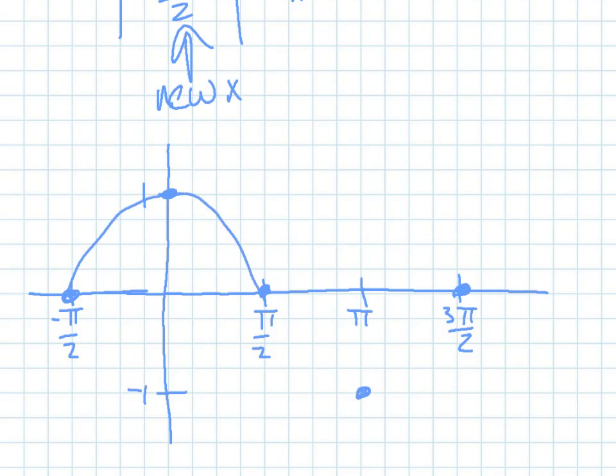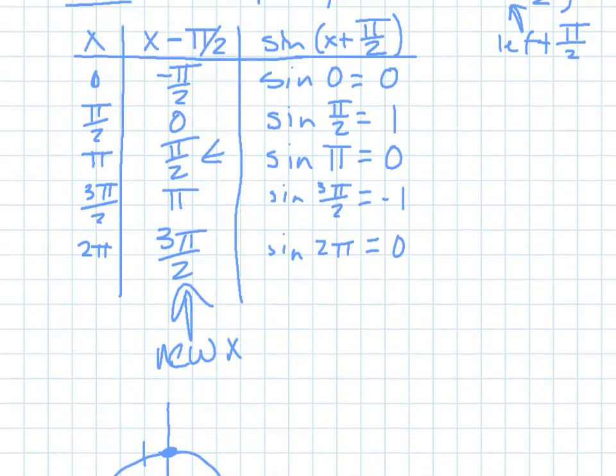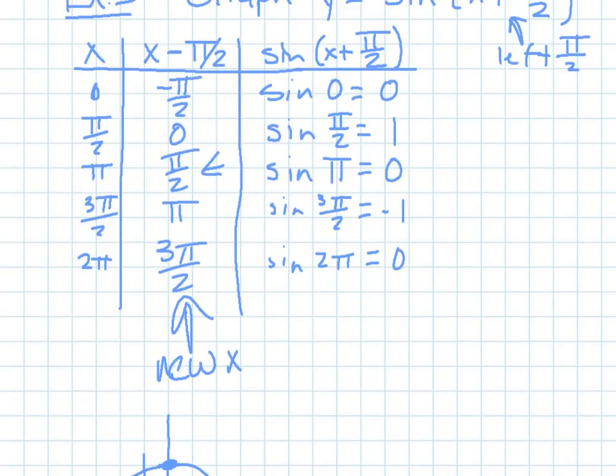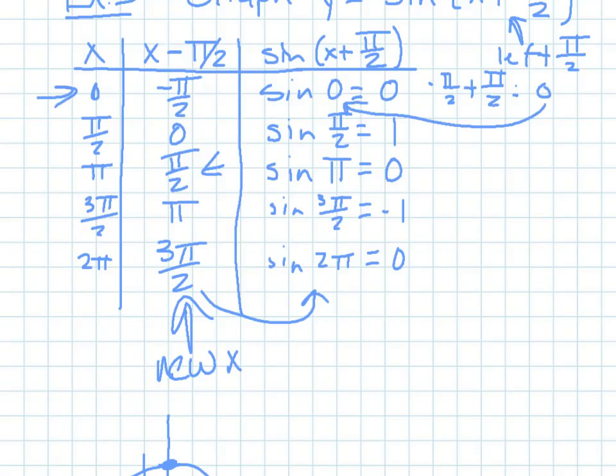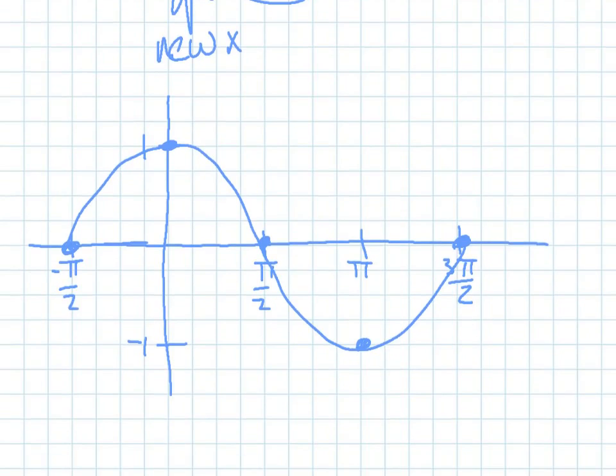The reason those are my new x values is because that's what I plugged into my function. I plugged in negative pi over 2, plus pi over 2 got me the 0 that I got there, so negative pi over 2 should be the new x value that I'm graphing for my function. Okay? Have fun.